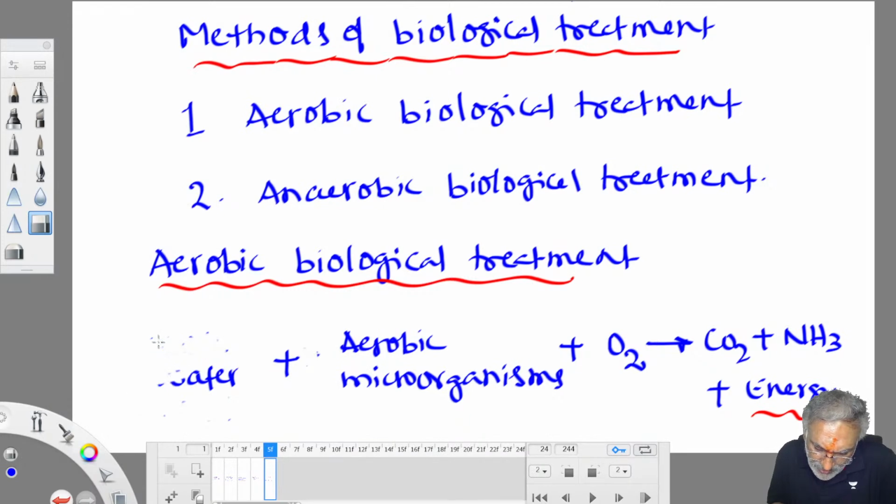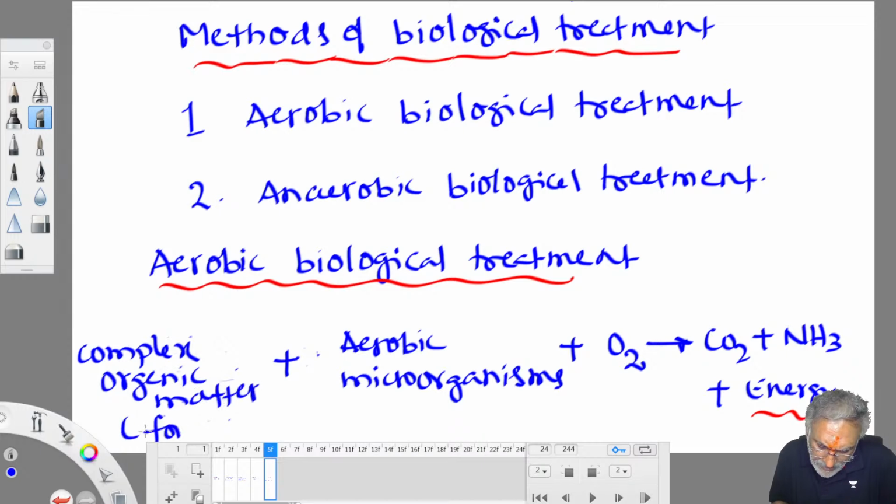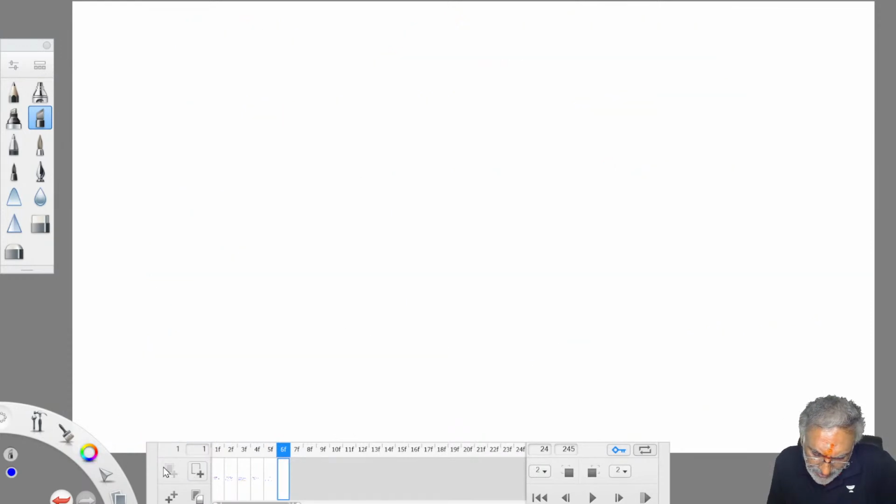This complex wastewater is fed to microorganisms as a food. So they are looking for food and oxygen. They get their food and oxygen and they convert that complex matter into simple and stable end products which are not at all objectionable to anybody. Okay?